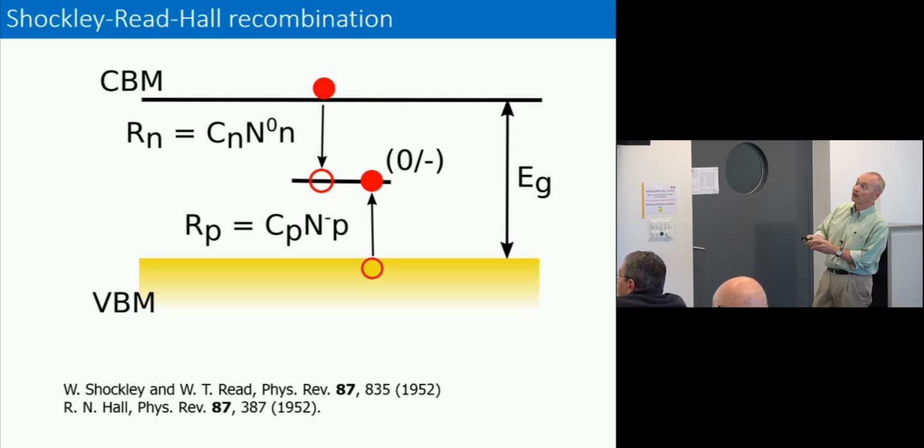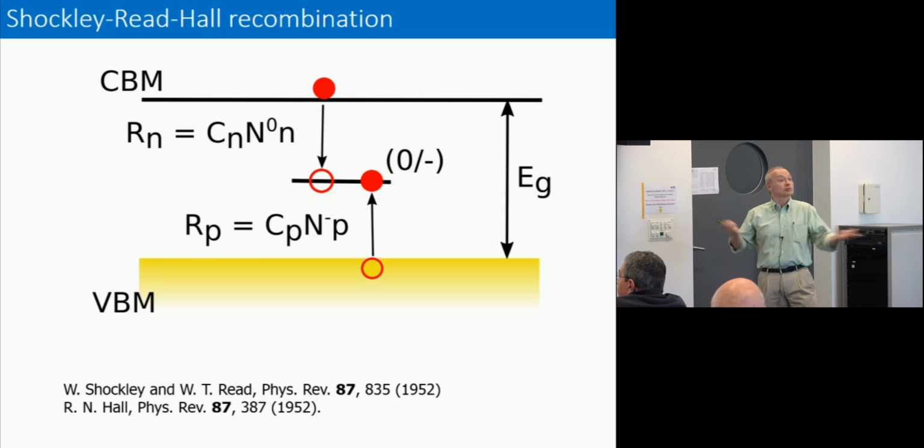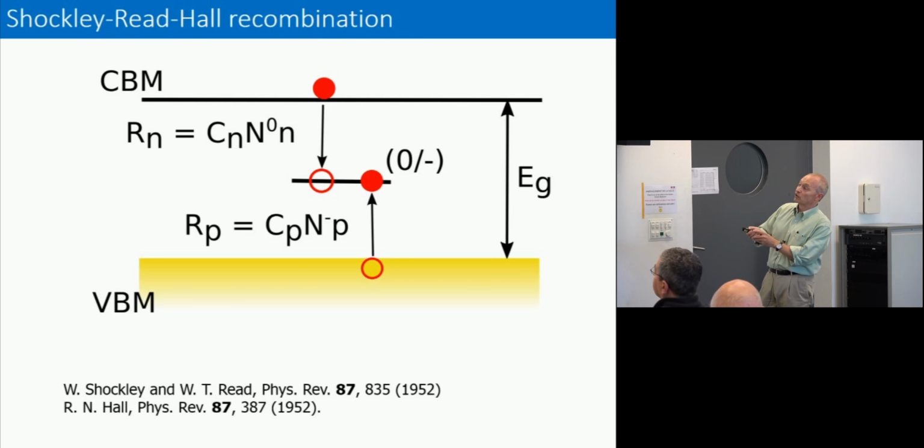Like for capturing an electron, one obvious factor is that the rate is going to be proportional to the number of electrons, right? Obvious. The rate is also going to be proportional to the number of defects that are in a charged state that is capable of capturing electrons. In this case, this is a neutral charged state.